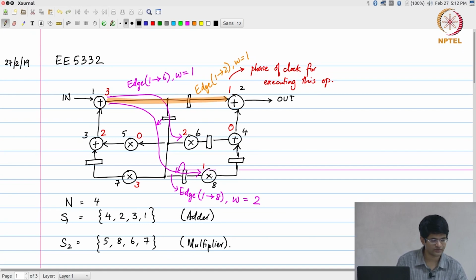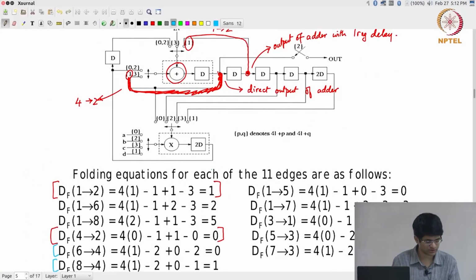And on the other one, this would start at time 1, end at time 3, plus 1 sample delay, so time 7 minus the time when this is scheduled. This would be required. So basically this would be requiring the data at time 0 plus 1 delay over here, so that is at time 4, minus 1 which is the time when this is scheduled, minus 2 which is the pipeline latency of the multiplier. So if I work through this, what I will find is that the df for 8 to 4 comes out to be equal to 1 and from 6 to 4 works out to be equal to 0.